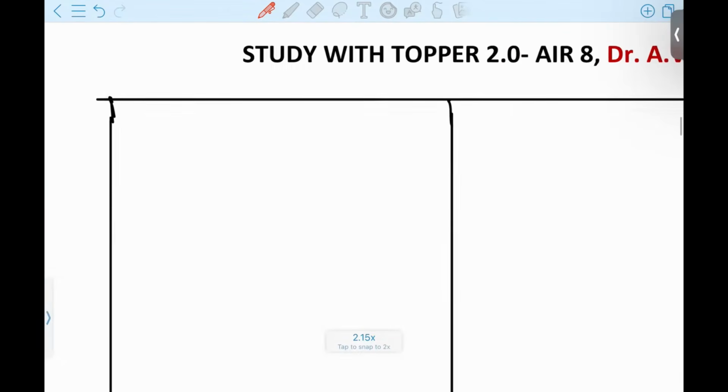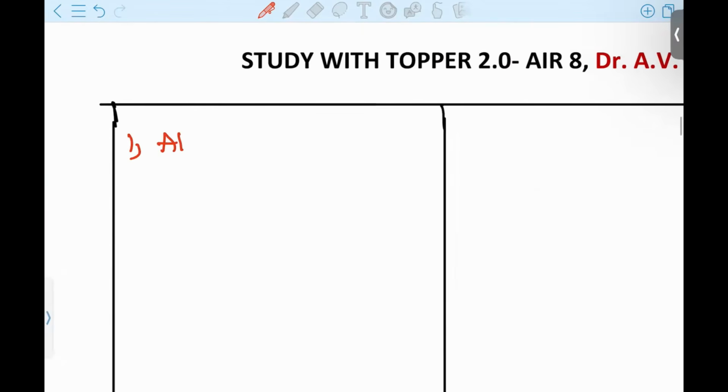In the inborn errors of metabolism, the first one is alkaptonuria. Alkaptonuria was described by Garrod. Garrod is a scientist famously known for the discovery of alkaptonuria. Why is alkaptonuria seen, guys?